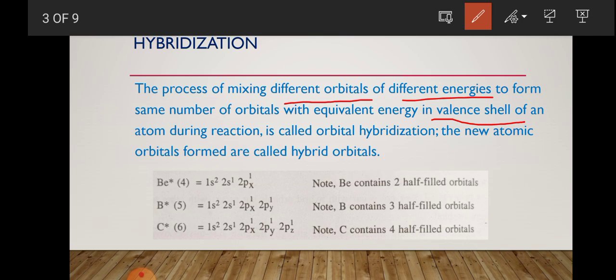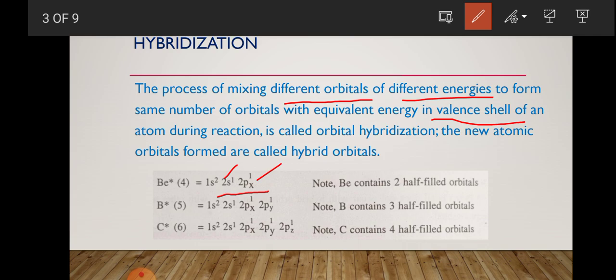For example, beryllium, the valence shell of beryllium is 2, and here two different orbitals, s and p, mix together and produce two new sp orbitals. That means two orbitals mix, and after that they will form two new orbitals.